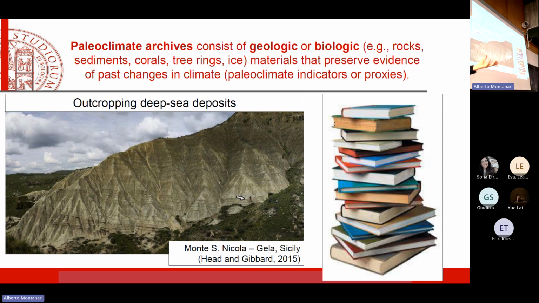For instance, if you find in a layer something that today you find in Iceland, it means that probably when that layer originated, there was a colder temperature. The opposite examples can be made. If you find something that lives in a very hot climate, much hotter than the current climate in Sicily, in another layer, it means that when the layer formed, the temperature was much higher.